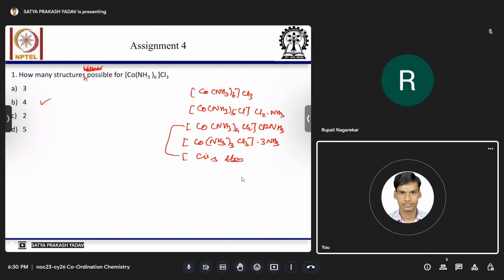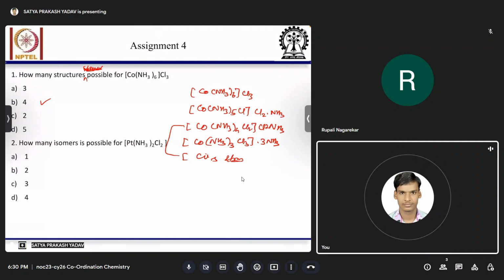Okay. So how many isomers are possible for Pt(NH3)2Cl2? Let me see what is possible. So this is Pt(NH3)2Cl2. Basically it's an MA2B2 type complex.